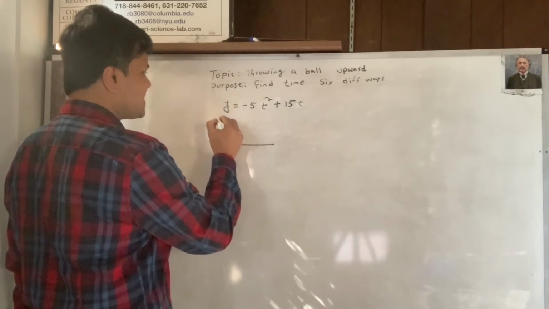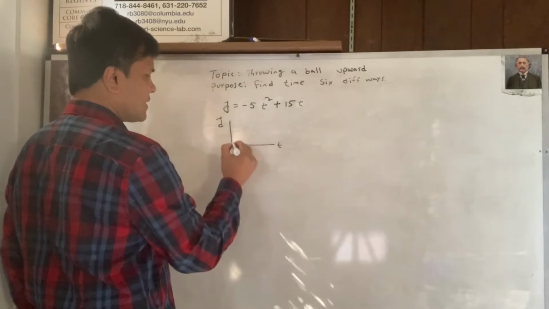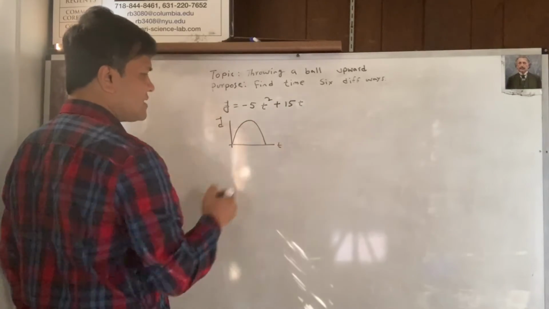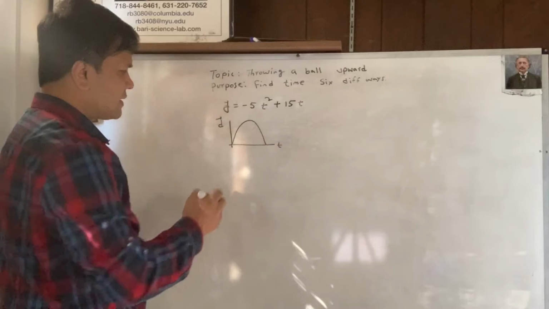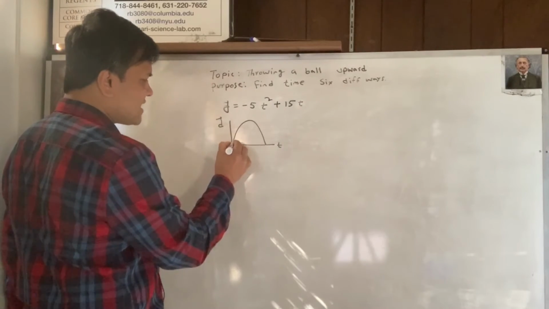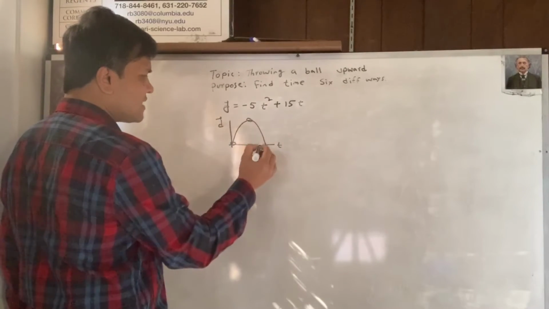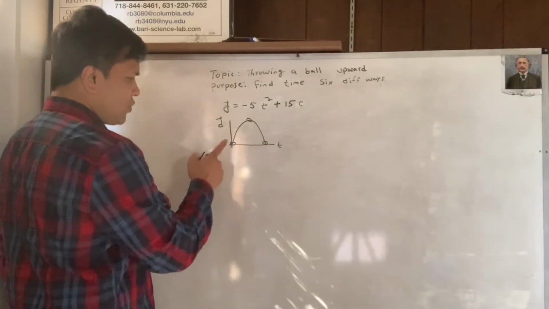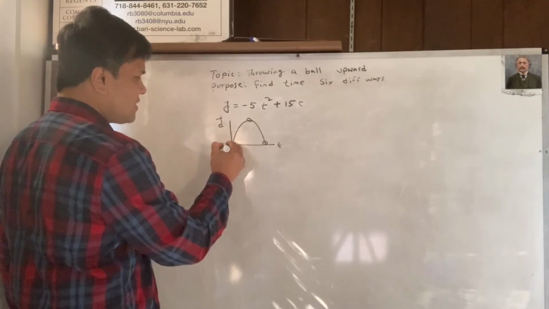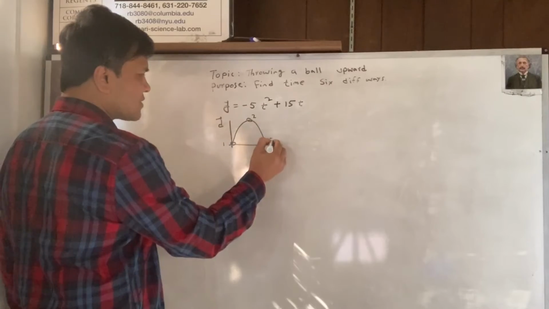So this is displacement versus time, and this is a parabola. This ball initially here, and the ball is here, and the ball is here. We want to call this location 1, and this is location 2, and this is location 3.